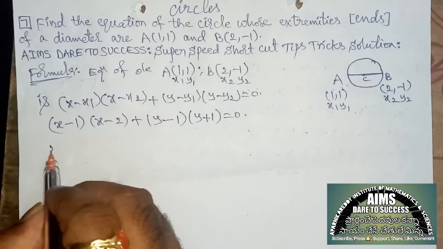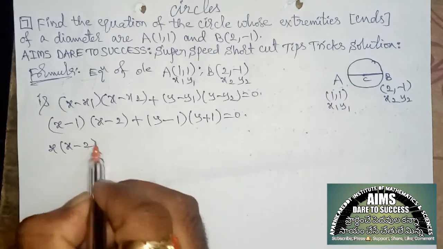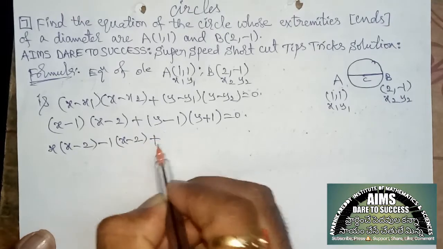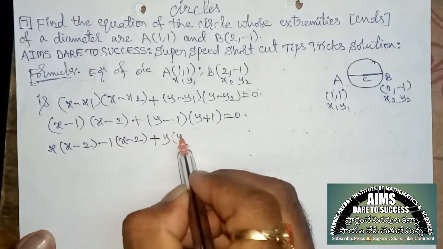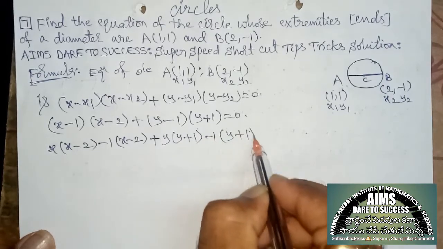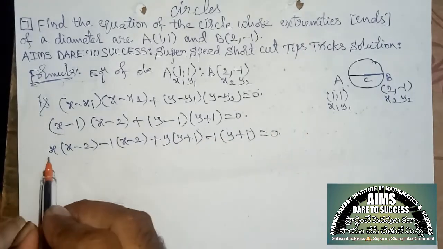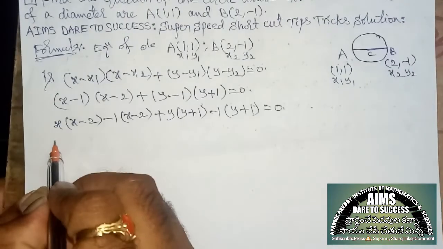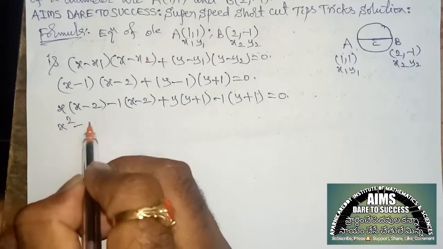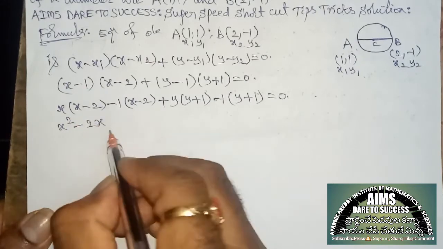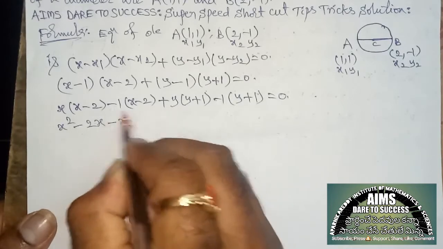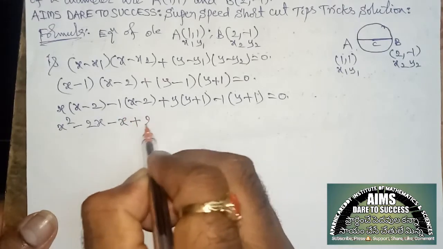Normal multiplication: we get x into (x - 2), minus 1 multiply inside, minus 1 into (x - 2), plus y multiply inside, y into (y + 1), minus 1 multiply inside, minus 1 into (y + 1), is equal to 0. Next, x multiply inside: x into x is x square, plus into minus 2 into x is minus 2x, minus 1 multiply inside, minus into plus is minus, 1 into x is minus x, minus into minus plus, 2 ones are 2.